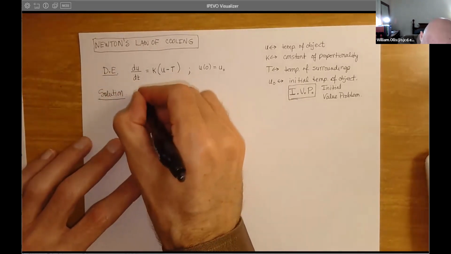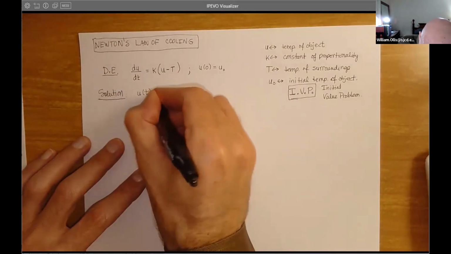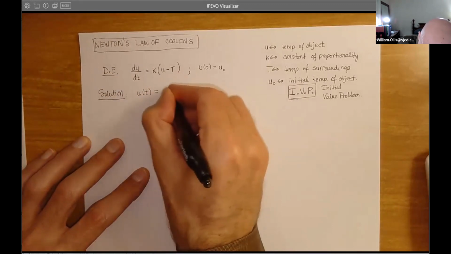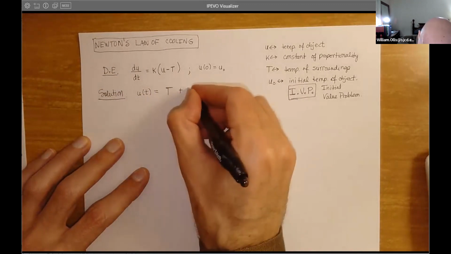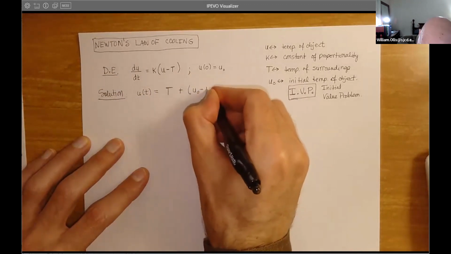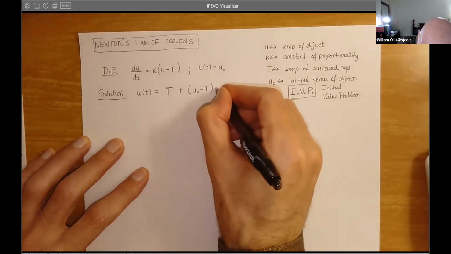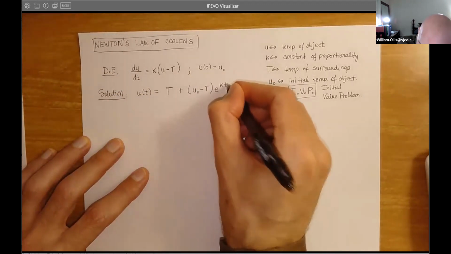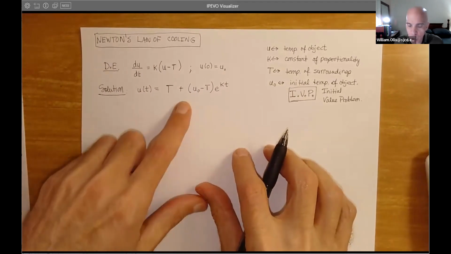The solution looks like this: U of T equals the surrounding temperature plus this exponential term, U sub 0 minus T, e to the KT. Now, why does this make intuitive sense?